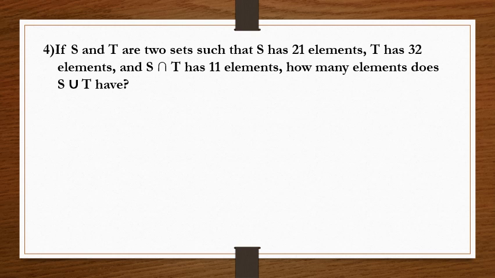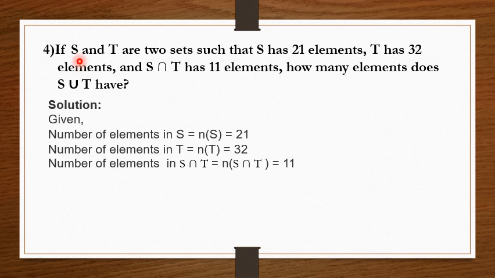One more question. Please read the question and try to do it yourself. If S and T are two sets such that S has 21 elements, T has 32 elements, and S ∩ T has 11 elements, how many elements does S ∪ T have? So n(S), n(T) and n(S ∩ T) are given.